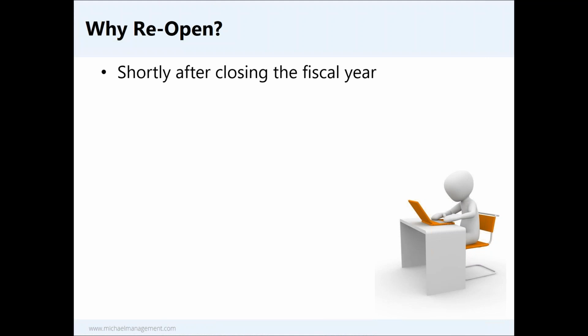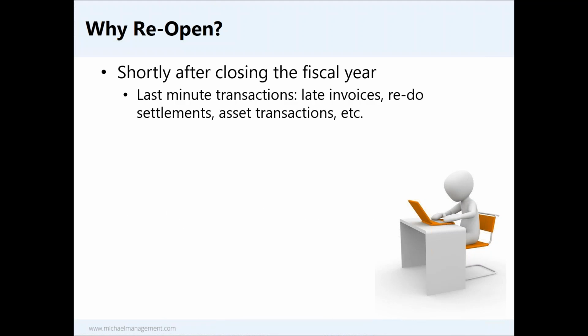The first scenario is typically right now, very shortly after you close the fiscal year, right? So you close the year and then you're about to pop the champagne corks, and then somebody comes up, says, oh, hold up, there's a late invoice that we need to post, or we forgot to do the settlement, so we have to repeat the settlements, or there's an asset transaction, there's one asset needs to be retired and it really needs to come off the books, and we didn't get to it just yet.